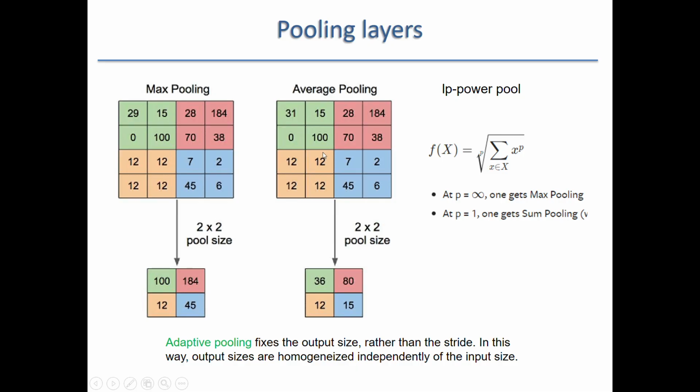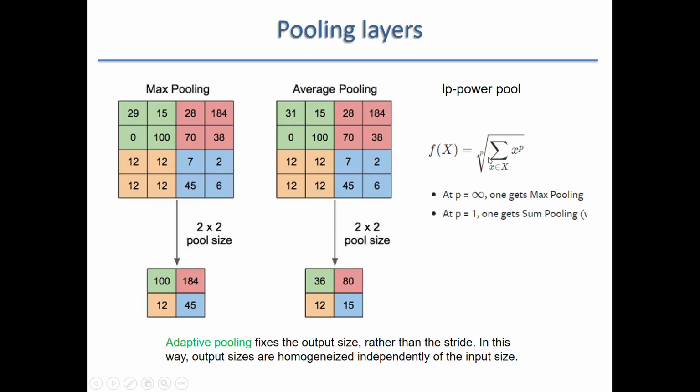Another kind of pooling could be this average pooling. So average pooling would be just computing the average of the block, or you can have this LP power pool. So you take all the values in the pool, you power them to the p power, and then you take the p-th root.